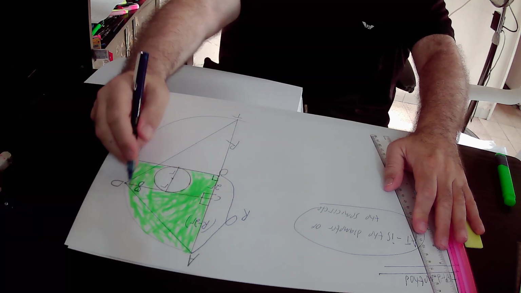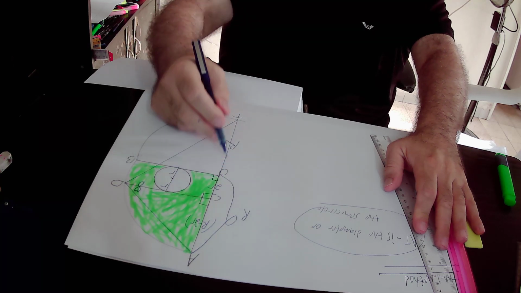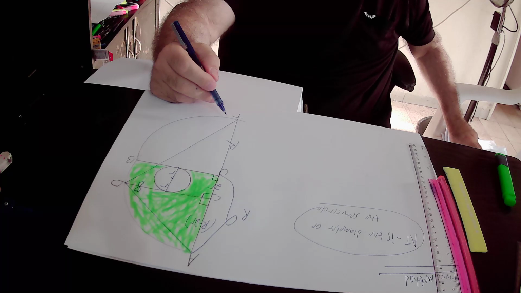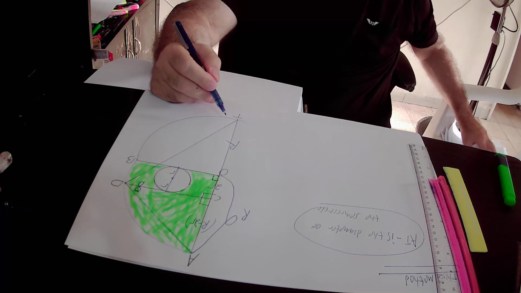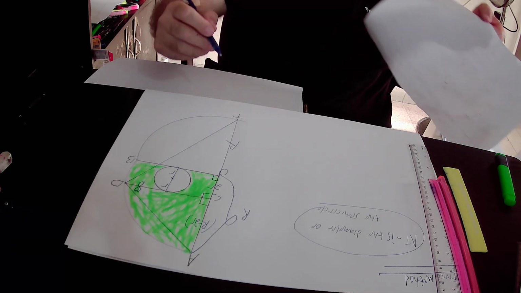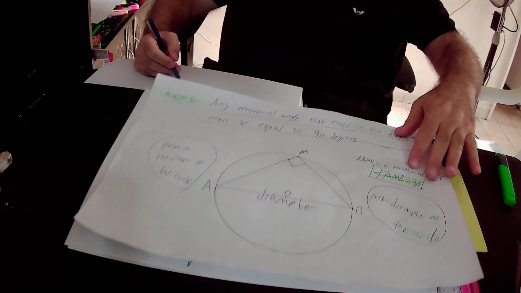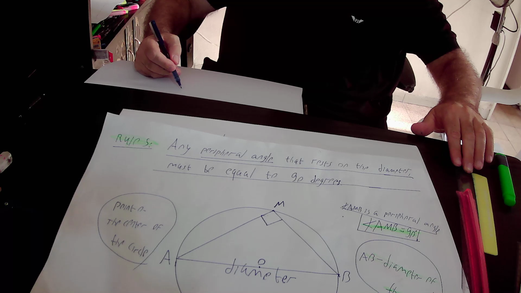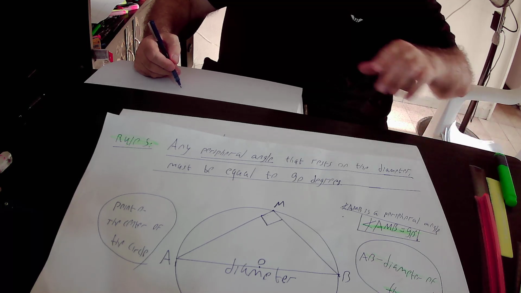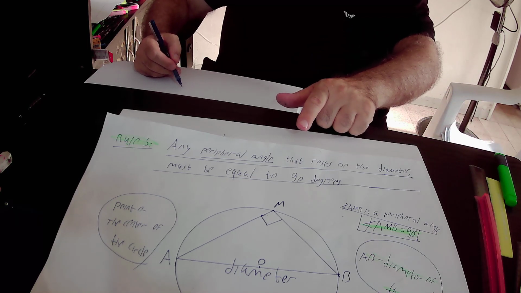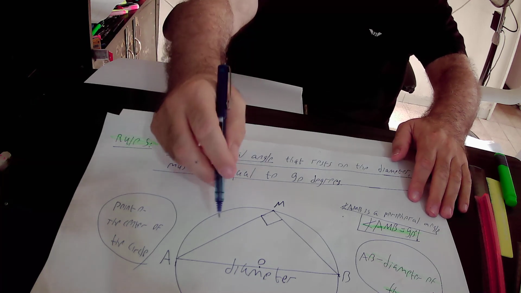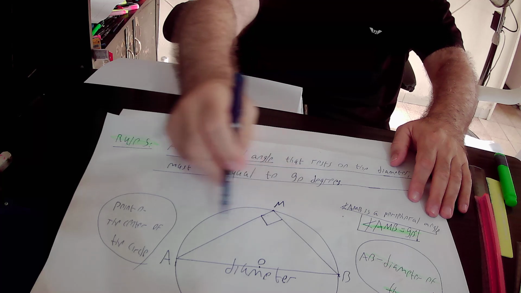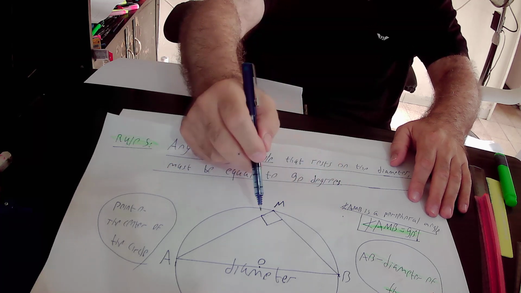Peripheral angle ADT rests on AT, that is the diameter of the circle. And we have here rule number 5. According to rule number 5, any peripheral angle that rests on the diameter of the circle or semicircle must be equal to 90 degrees. Here we have peripheral angle A and B that rests on AB, that is the diameter of the circle, therefore peripheral angle A and B equals 90 degrees.